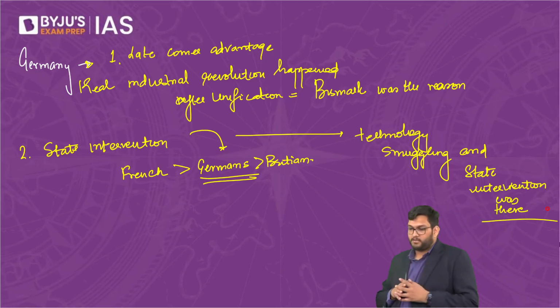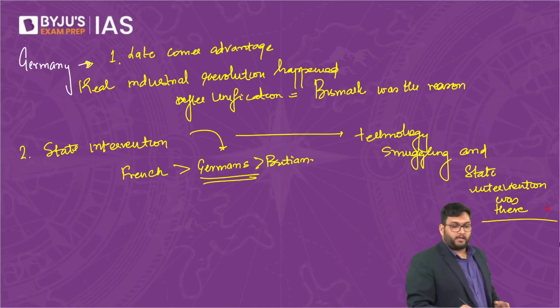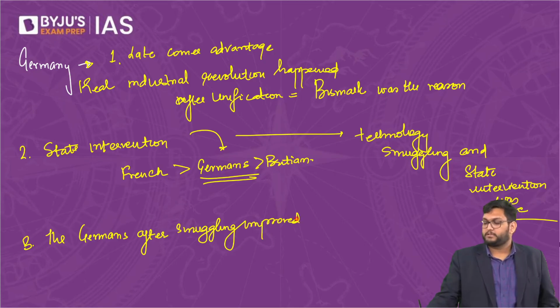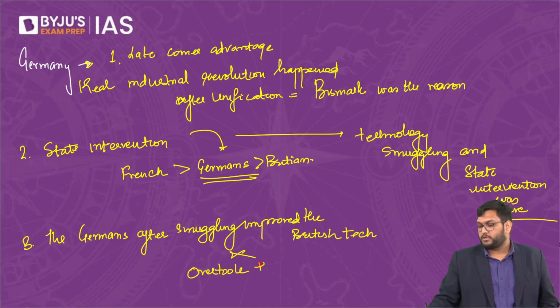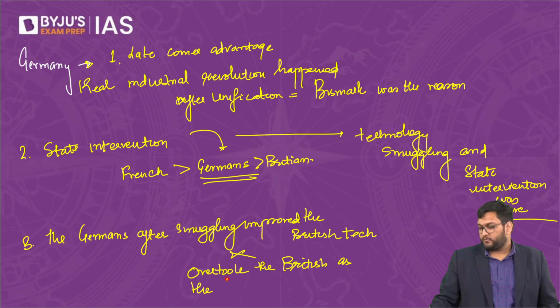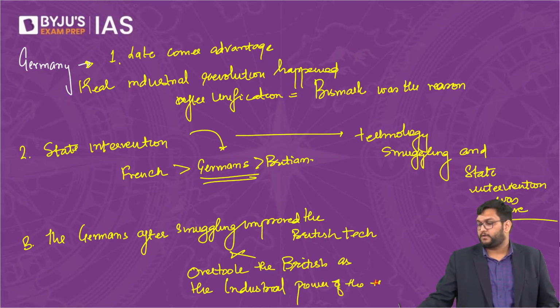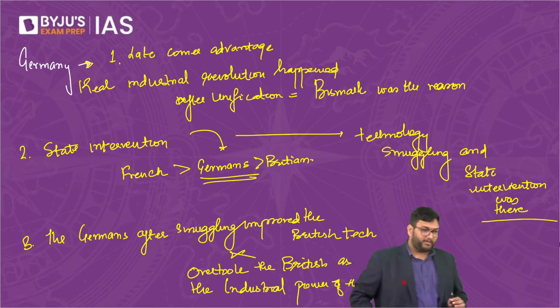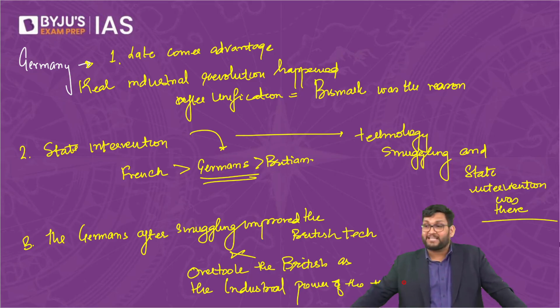Now, whilst this may be true, the Germans, after smuggling, improved the British technology and overtook the British as the industrial power of the world. If you remember, I told you that the British are going to basically cry about the unification of Germany, or that it will be a miscalculation on the part of the British to allow the unification of Germany under Bismarck.